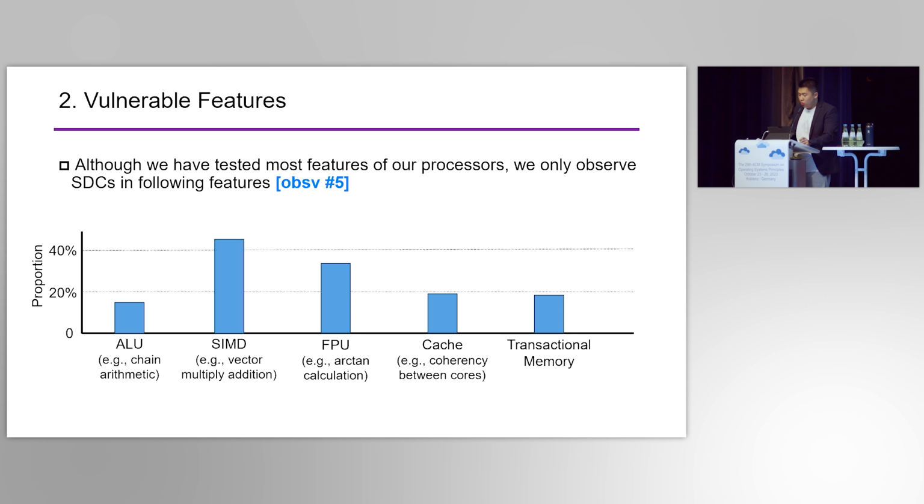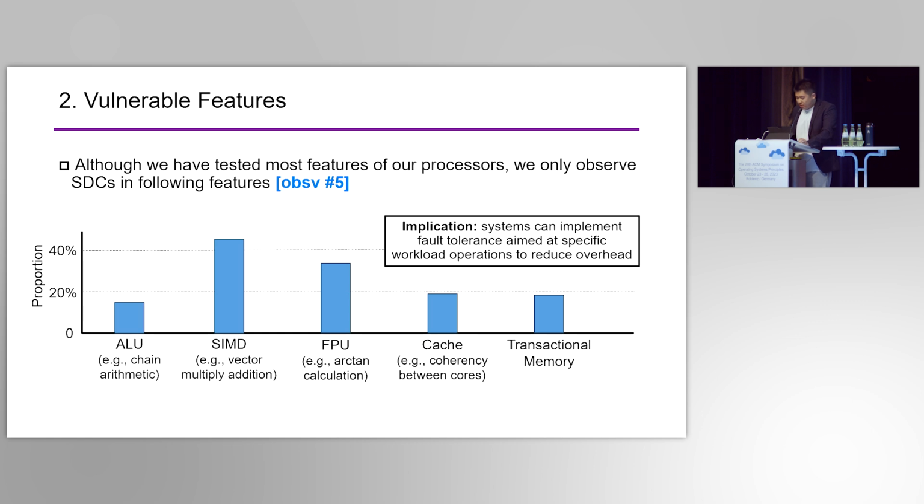And it is also possible that other features are equally or even more vulnerable. But faults in other features tend to directly cause crashes rather than silent data corruptions. Either way, systems can implement fault tolerance aimed at specific workload operations to reduce strategy overhead.